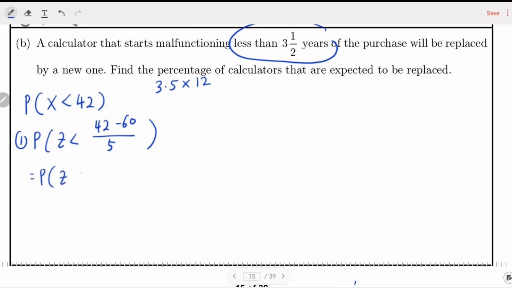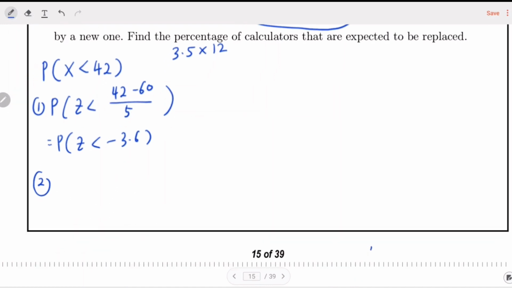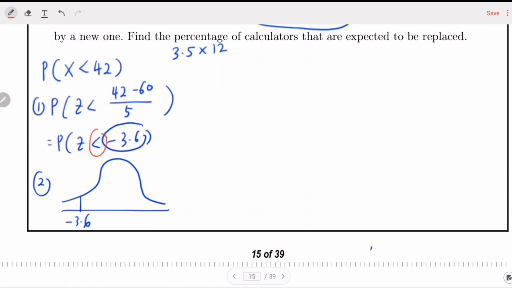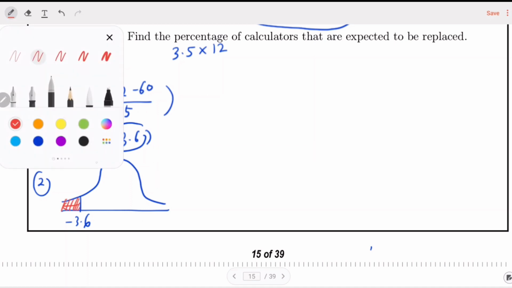Calculate. We're going to get negative 3.6. The second step, bell shape. Negative 3.6 on the left side, and then the shaded region for Z less than going to the left. This is our shaded region.